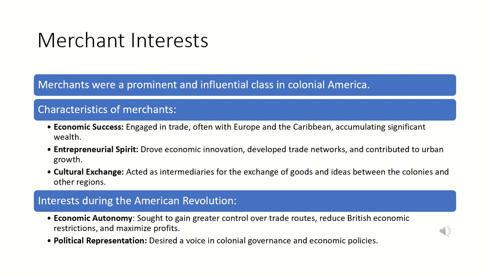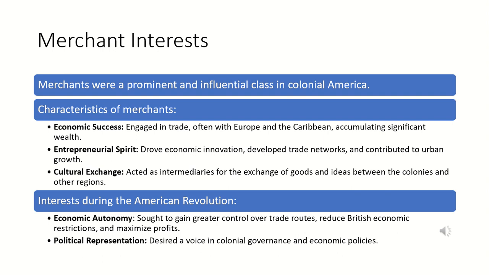and other regions. During the American Revolution, the interests of merchants were multifaceted. They sought economic autonomy, aiming to gain greater control over trade routes, reduce British economic restrictions, and maximize their profits. Merchants desired political representation and a voice inside colonial governance and economic policies, recognizing that their economic interests were closely tied to political decisions.